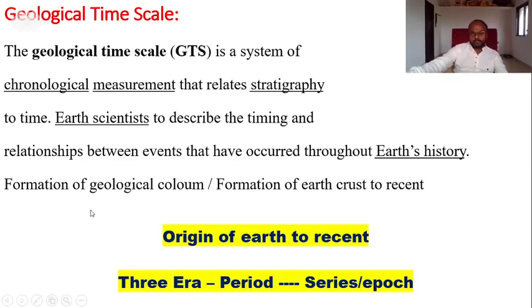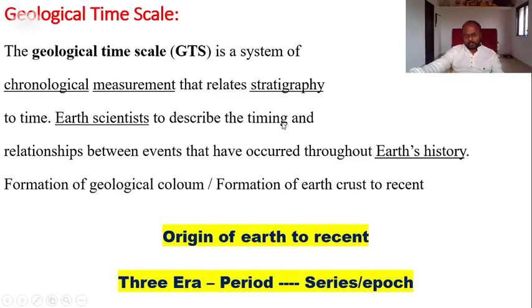In short, geological time is the formation of the geological column, that is, the rock column of the earth, or the formation of the earth's crust to recent. This total time is considered geological time, and it is divided into units and sub-units. This is called the geological time scale.